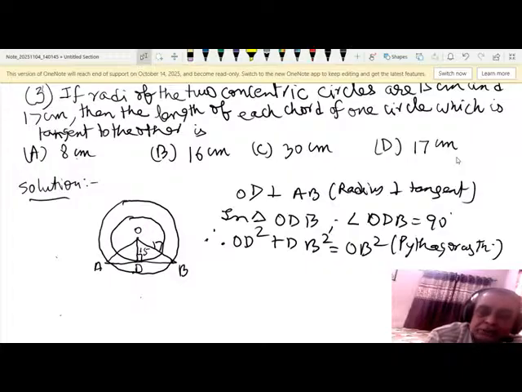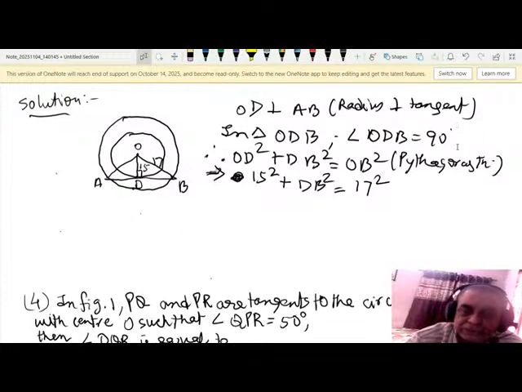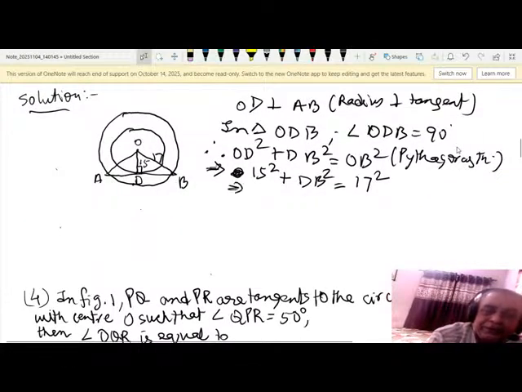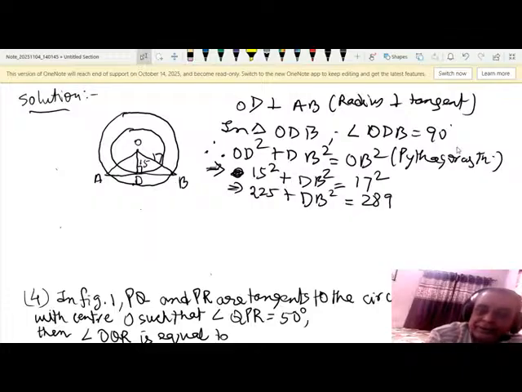Now you put in the values. OD is 15, the radius of the smaller circle. DB length we don't know, so DB squared. OB is the radius of the larger circle, which is 17. So 15 squared is 225, plus DB squared, equals 17 squared, which is 289.